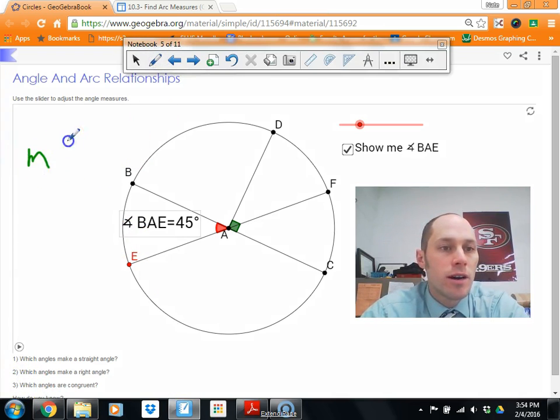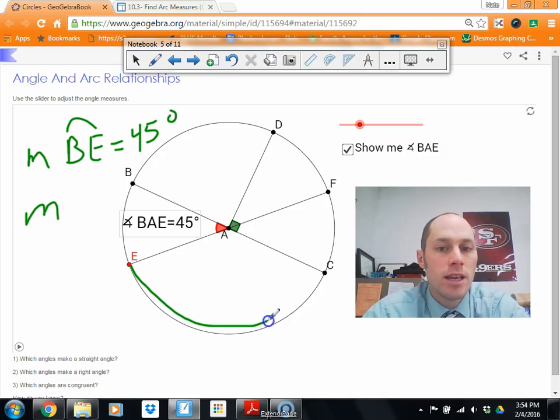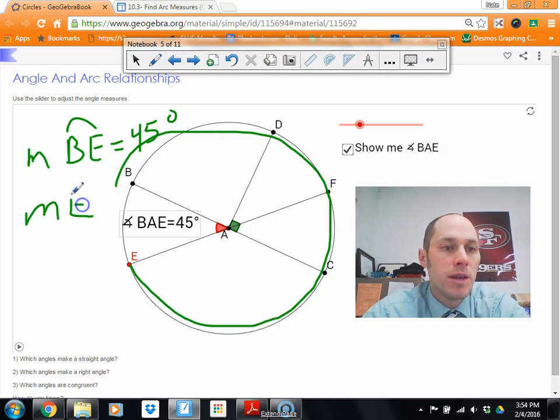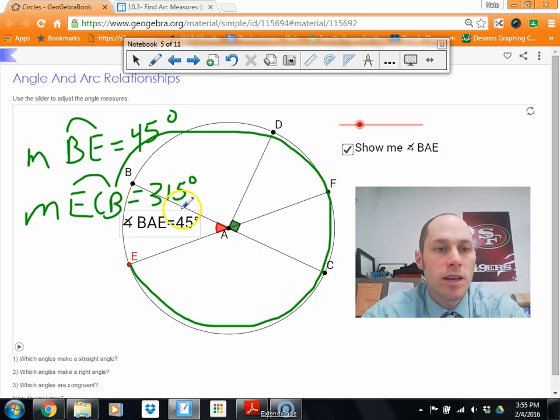The measure of arc BE, a minor arc since it's less than 180, would be 45 degrees. And arc ECB would be 360 minus 45, so that would be 315 degrees. Hopefully that makes sense. We got that connection between the central angle and the arcs.